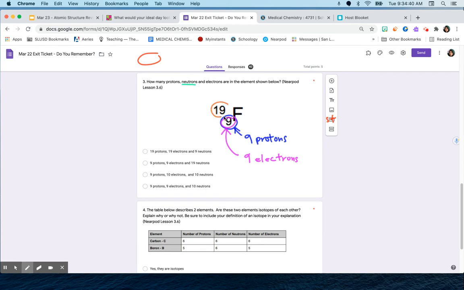This is slightly incorrect because 19 is the mass. So 19 is the weight of the atom. The weight of the atom is made up of two things, protons plus neutrons together. So if I want to figure out how many neutrons I have, it's going to be 19 minus the 9 protons to give me 10 neutrons.